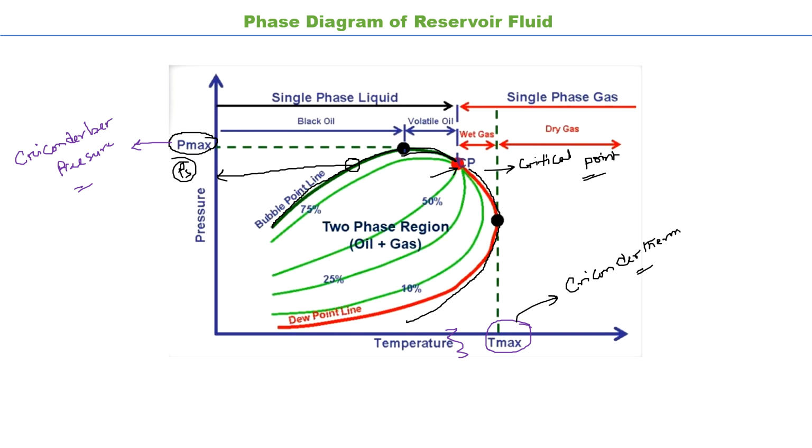So beyond this Tmax there will be no liquid. And how do we get this Tmax? We have to draw a vertical tangent over this curve. The point where the tangent touches the curve, corresponding to that point on the x-axis, defines the Tmax, the Cricondentherm temperature.